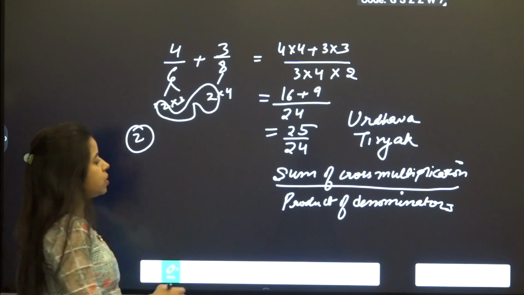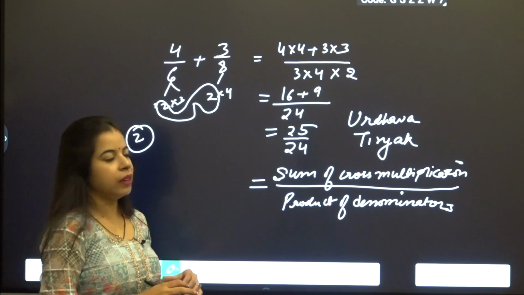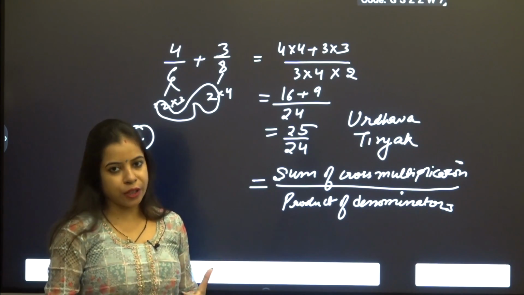Okay. So, this is the formula that we are adopting while adding two unlike fractions.